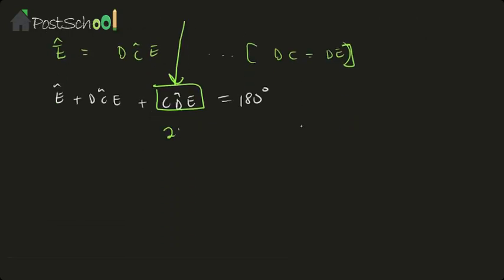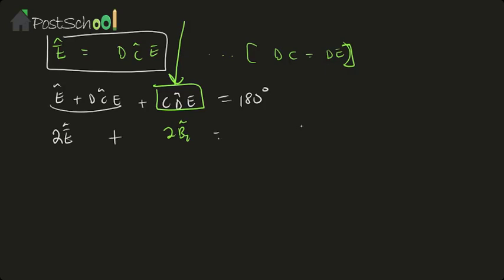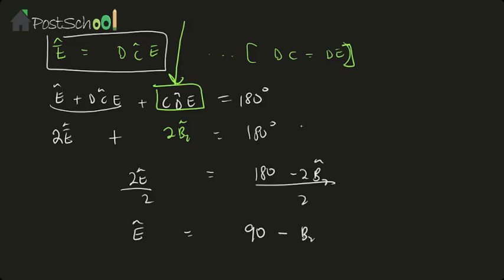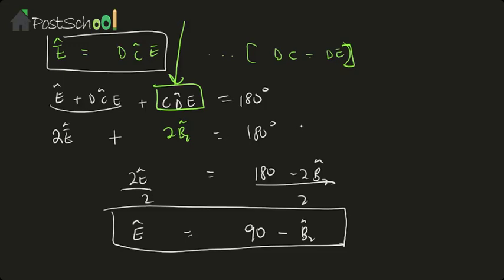Let me write 2B2 here, and I know I've just written that E is equal to DCE, so I'm going to have 2E, because these when added must give you 2E equals 180 minus 2B2. When you divide all that by 2, you must get 90 minus B2. So that's how you solve the question.